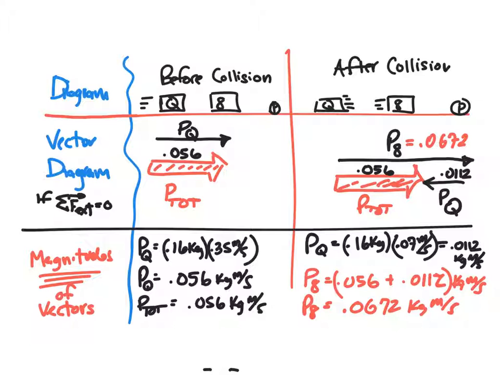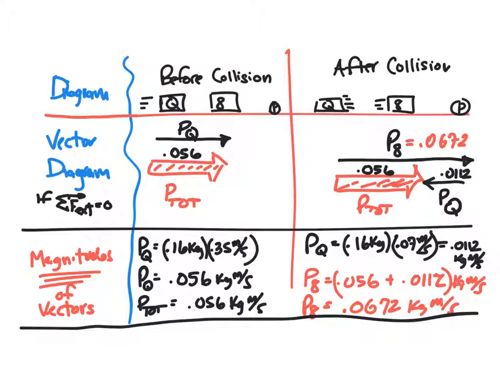Okay. Now let's see what we got next. Well, if I want to find the speed of the 8 ball, because that's what we don't know, that's probably what we're looking for. If I know the momentum of the 8 ball, and momentum is mass times velocity, well, I know my velocity vector and my momentum vector are in the same direction.